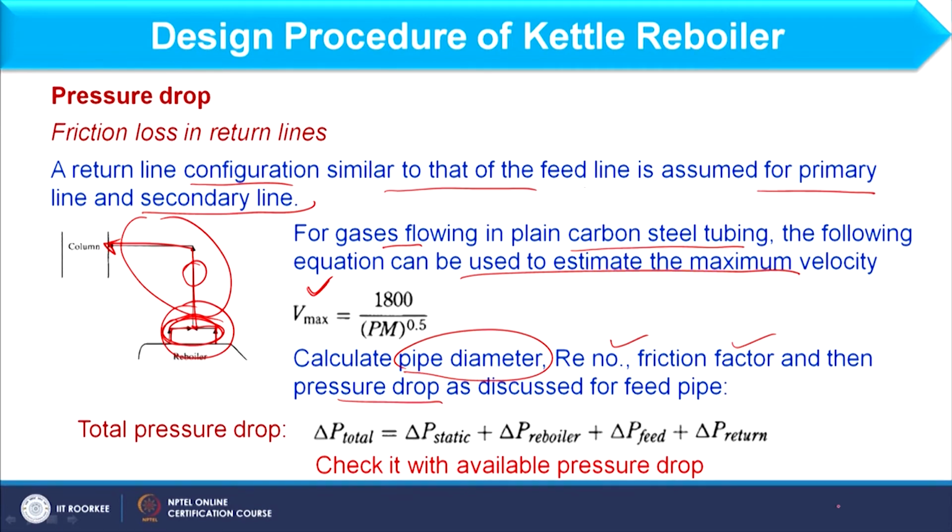So, the total pressure drop in the feed line, the reboiler itself and the return line we can find as delta P total equal to delta P static plus delta P reboiler plus delta P feed plus delta P return, and this delta P total should be less than the available pressure drop in the column. So, in this way we complete the design of the kettle reboiler.